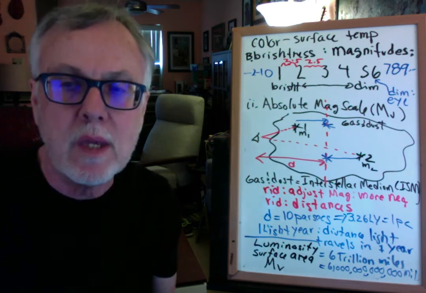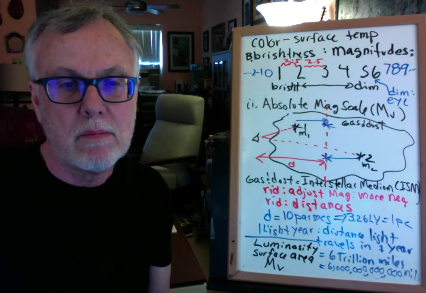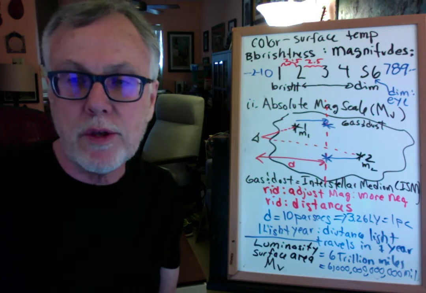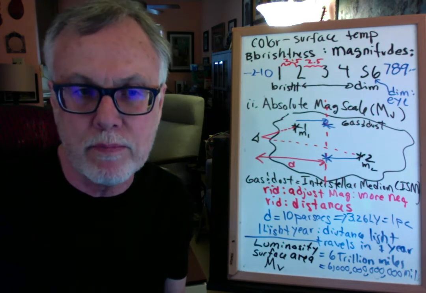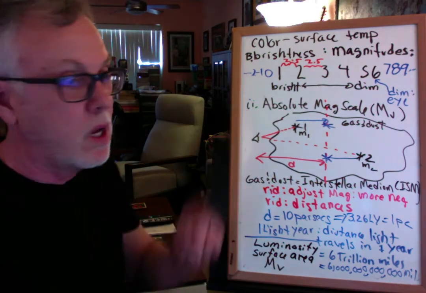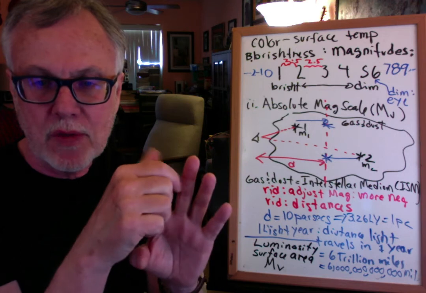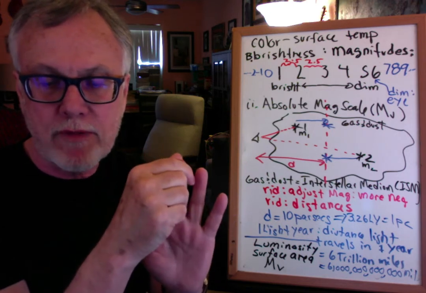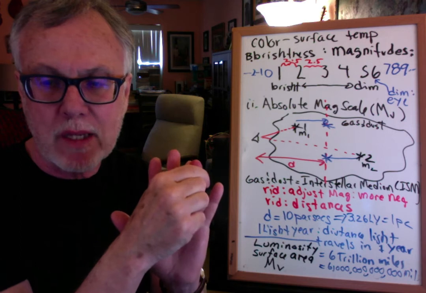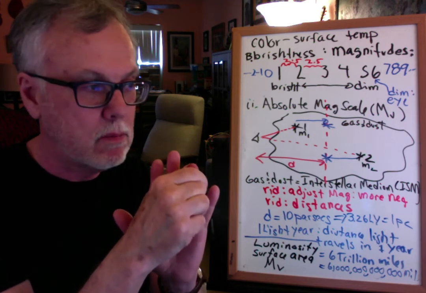So don't get lost in the details. If I ask you, what are the things that affect the brightness in the apparent magnitude scale? They are gas and dust presence, the distance, their true distance from us, their surface area, and their luminosity, how much light and heat they produce and put out into the universe.